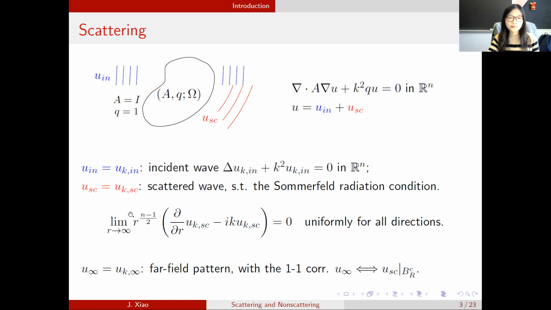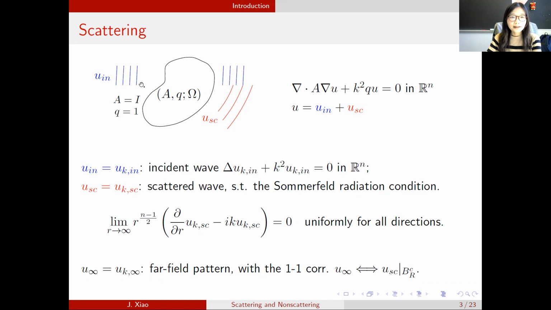Also mathematically, and in practice, the scattered field has the far field asymptotics, which can be represented by the far field pattern. And it has a one-to-one correspondence with the scattered field outside of the Lipschitz domain which encloses the inhomogeneity.